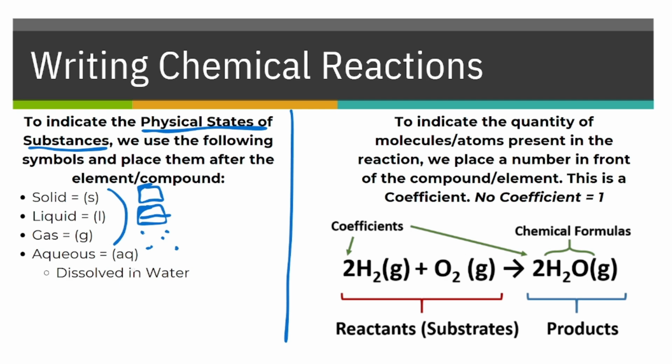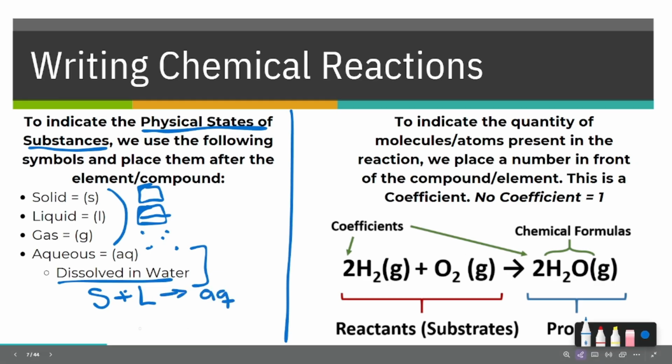Then we move on to a new area. This is aqueous. So aqueous is simply something dissolved within water. Typically, it will be a solid that has been added to a liquid, as a result, creating something that is aqueous. So think salt and water, for an example.